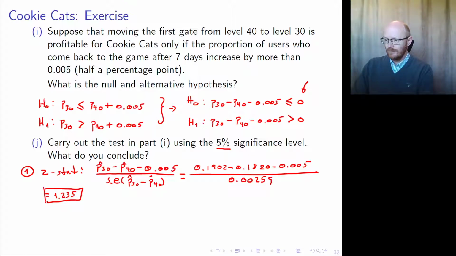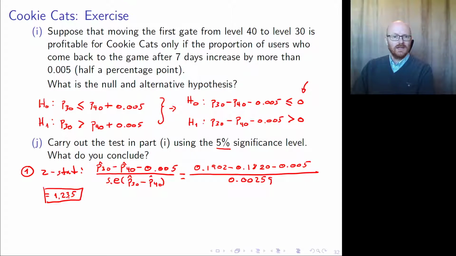Okay, and so what we have found is that the penalized difference in proportions is 1.235 standard deviations away from 0.